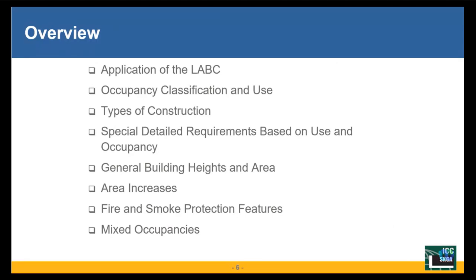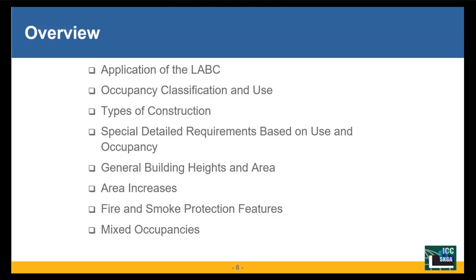So this is an overview, basically, in general, of what we're going to cover. We're going to talk about application of the LA Building Code. We'll talk a little bit about occupancy classification and use, which is in Chapter 5, then the types of construction, and then we'll talk about special detailed requirements based on use and occupancy. The code has in Chapter 4 special detailed requirements, and some of these are based on use.